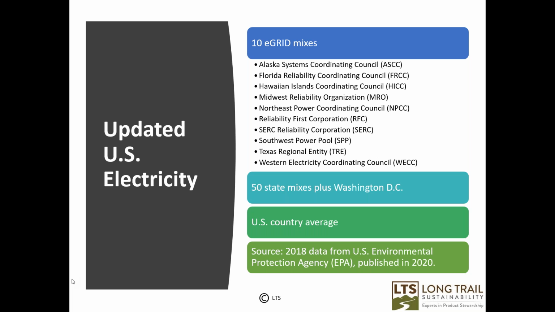So we have updated the 10 US eGRID mixes, all 50 state mixes plus Washington, DC, and the US country average. We used 2018 data from the US Environmental Protection Agency that was published in 2020.